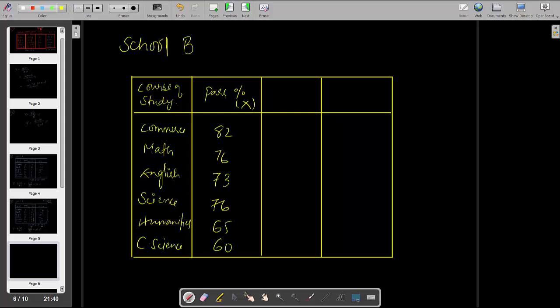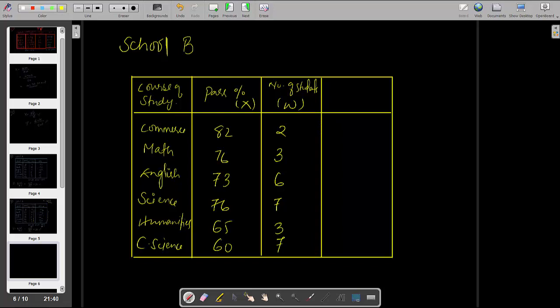Let's write down the number of students as well, which is the W value. You write down 2, 3, 6, 7, 3, and 7.